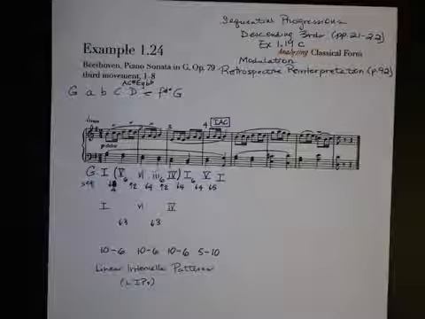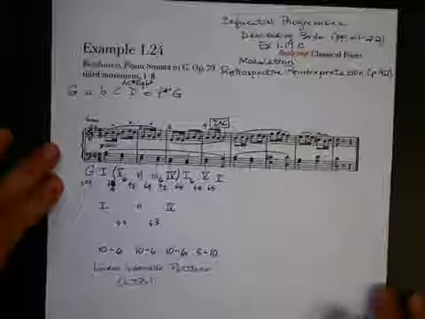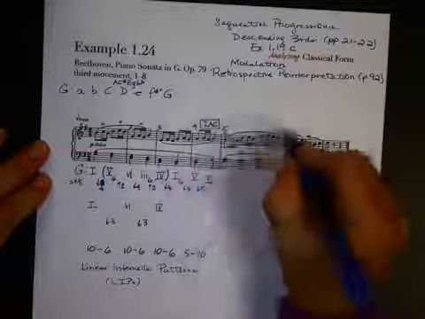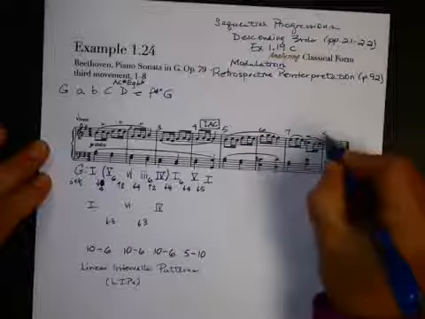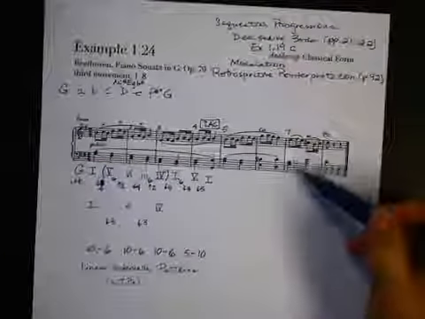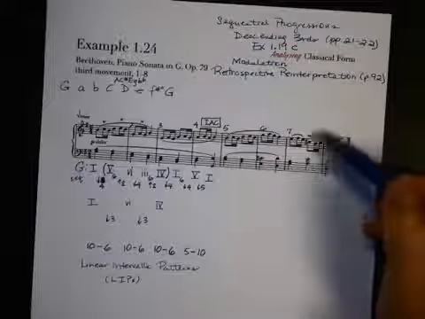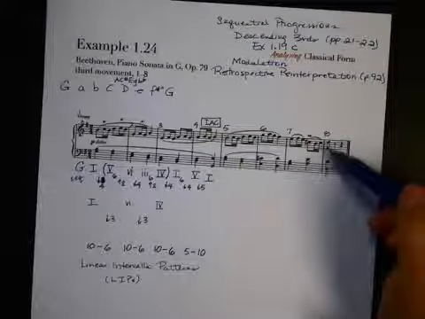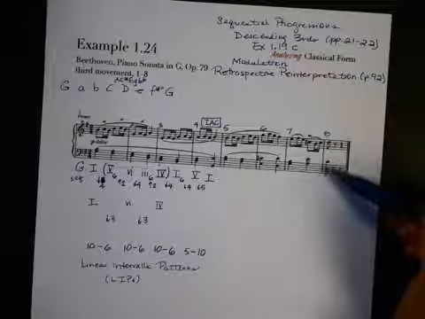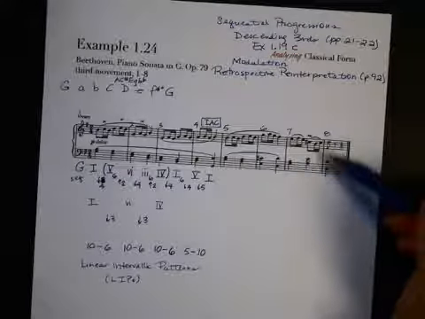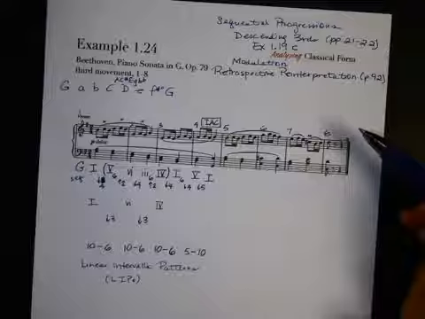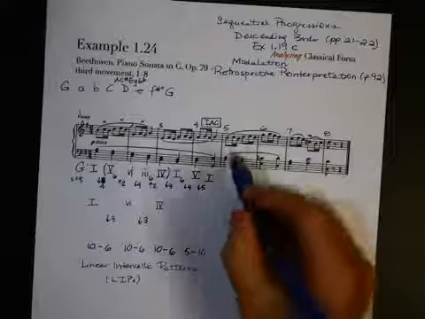Now, continuing on into measures 5, 6, 7, and 8. We mentioned earlier that measures 7 and 8 cadence in the key of D major. In fact, this looks like a perfect authentic cadence in D major. A, D, C sharp, D. Measure 5 is an exact repetition of measure 1.